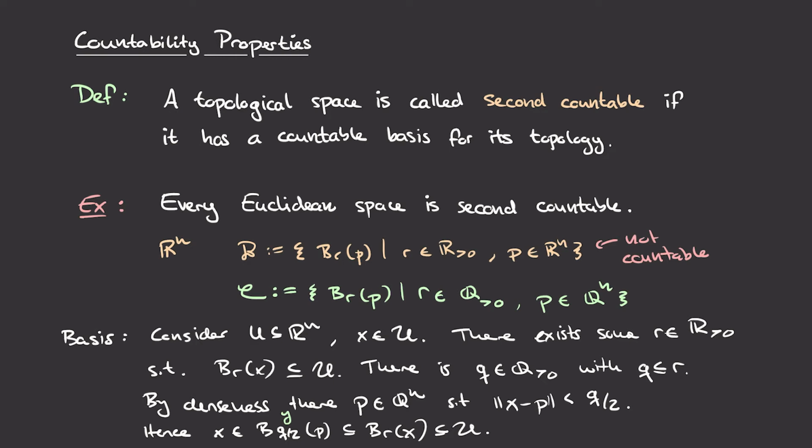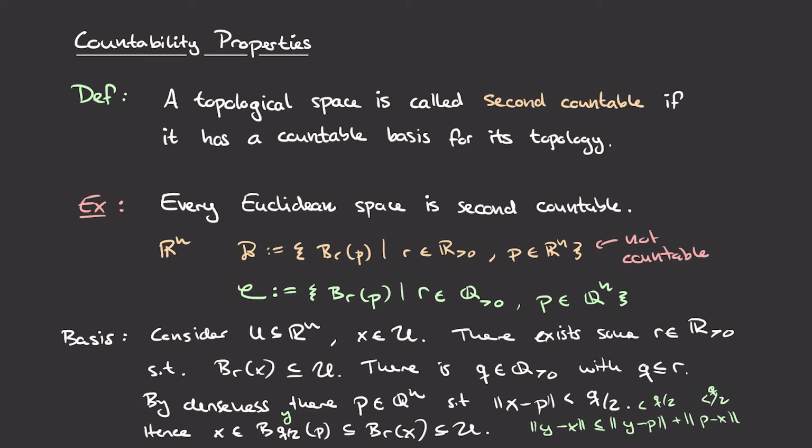Now, by the triangle inequality, the distance between y and x will be less than or equal to the distance between y and P plus the distance between P and x. And we know that both of these distances here are strictly less than q/2.